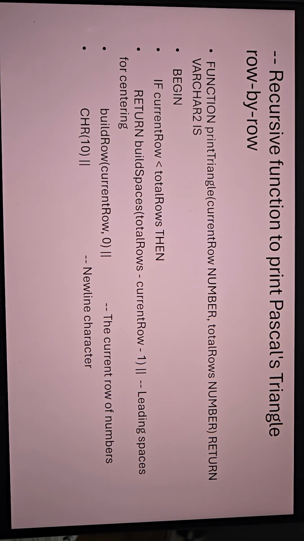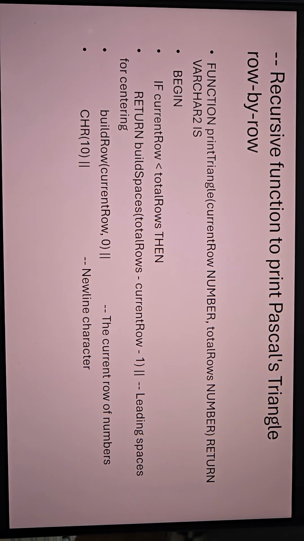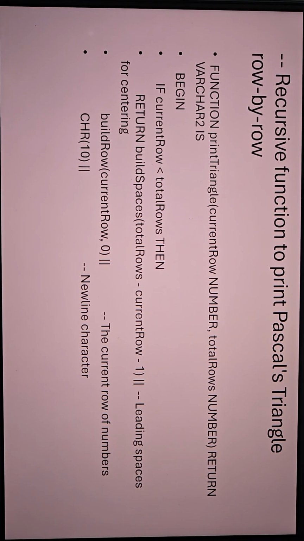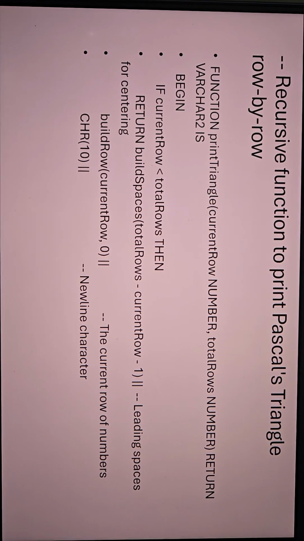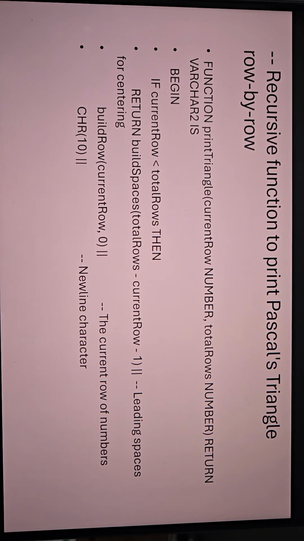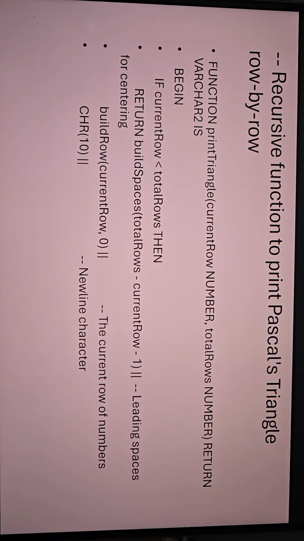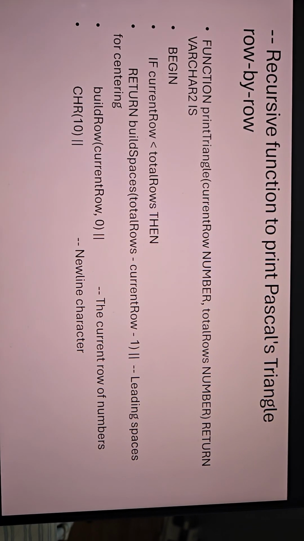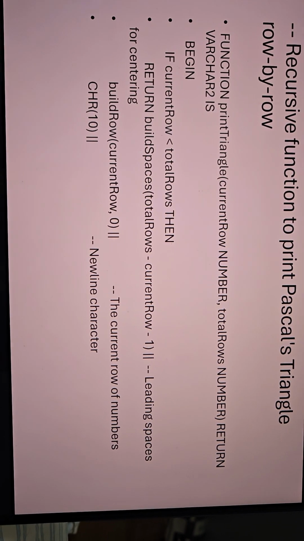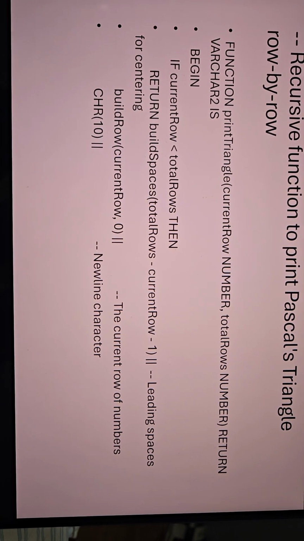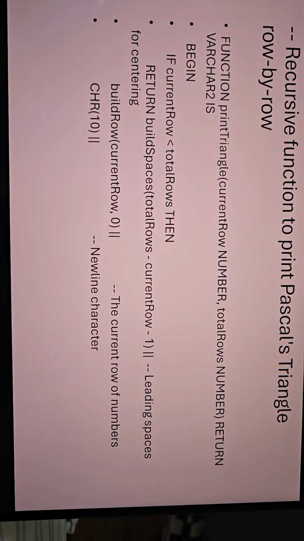And this is a recursive function to print the entire triangle row by row. If the current row is less than or equal to total rows, meaning it hasn't exceeded vertically, it calls build spaces, so it prints all of the leading spaces.